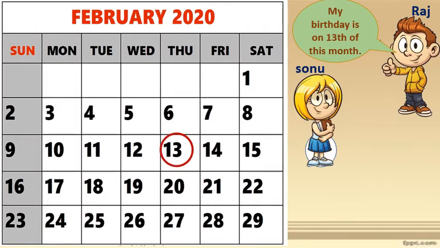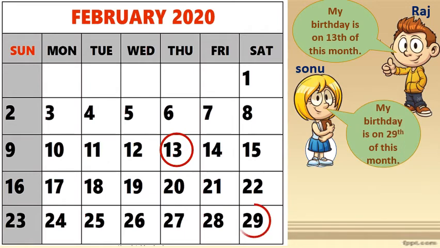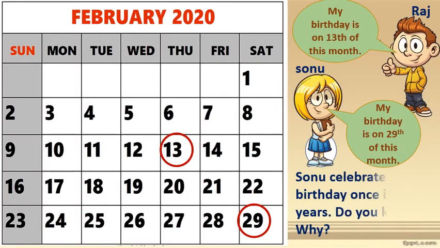Then Sonu said, my birthday is on 29th of this month. Correct? Here she said that I celebrate my birthday once in 4 years.